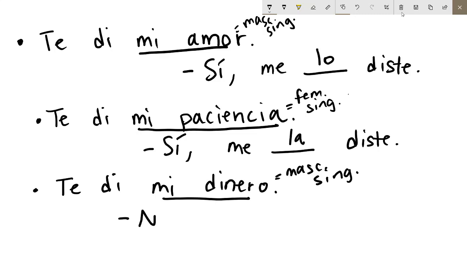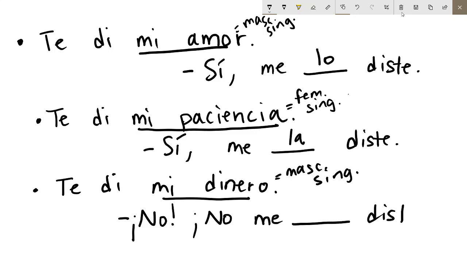So let's say, no, me diste. You didn't give it to me. What are you talking about? You didn't give me any money. You didn't give it to me. Mi dinero would become, because it's masculine singular, no me lo diste. You didn't give it to me. Boy, it's dramatic today, right? So, well, they're fighting. It's Maury Povich show.